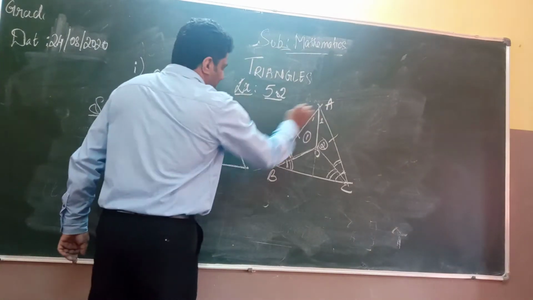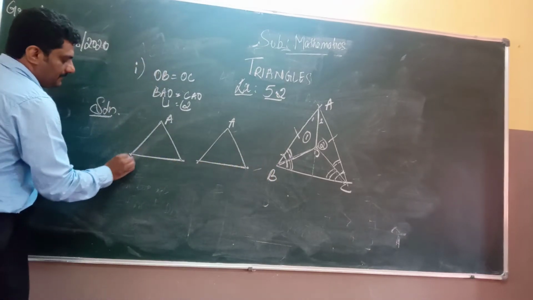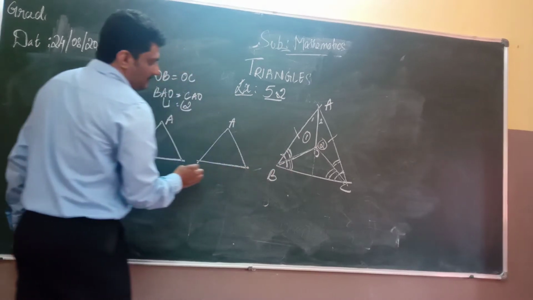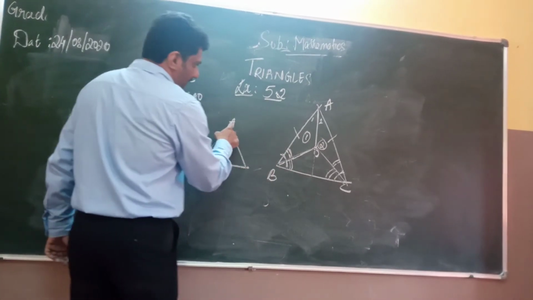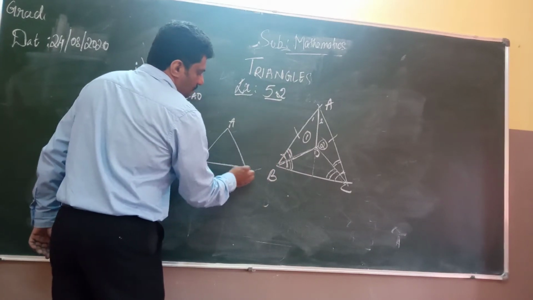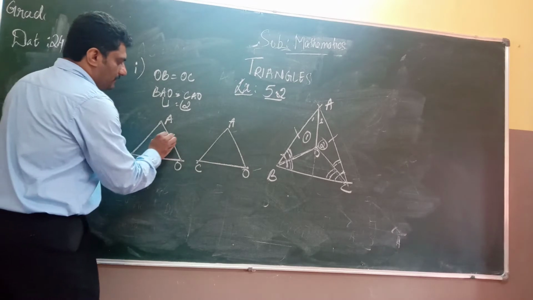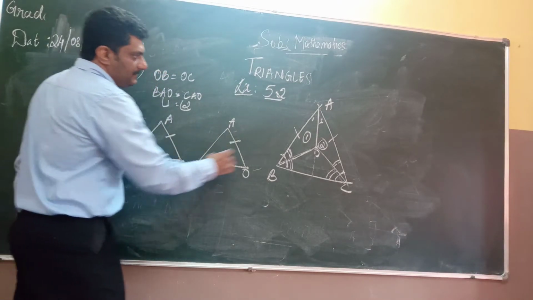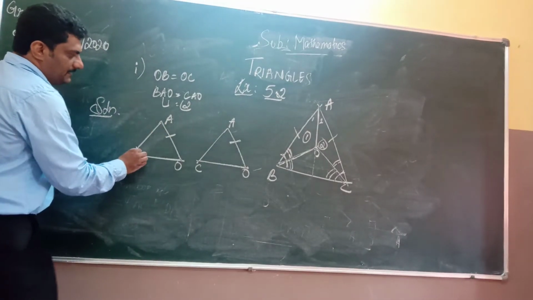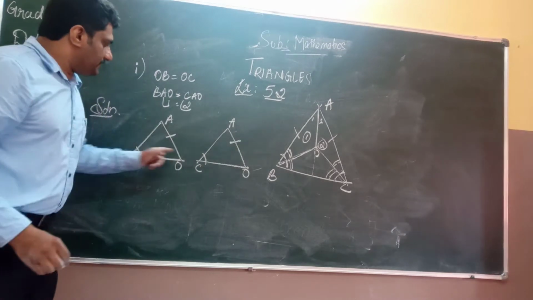This is A, and this is B, and this is O. Here A, C and O. Then AO is common, right? See, this is common. And then angle ABO is equal to angle ACO. I got these two.